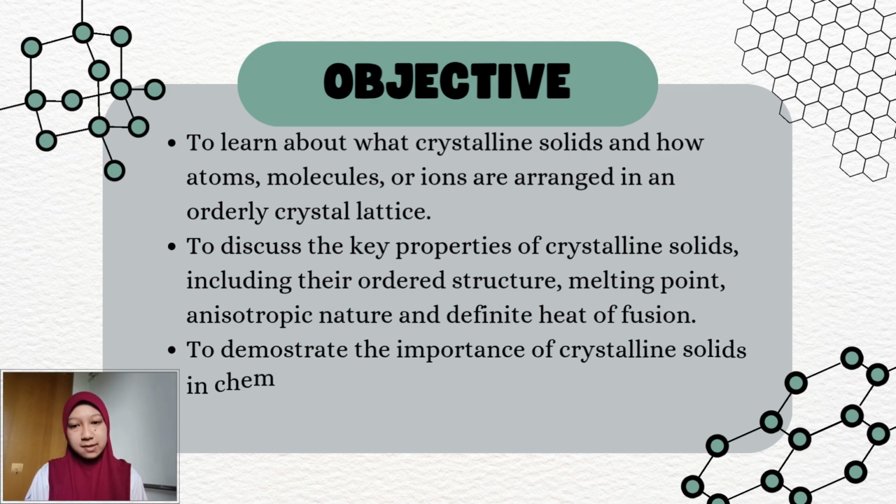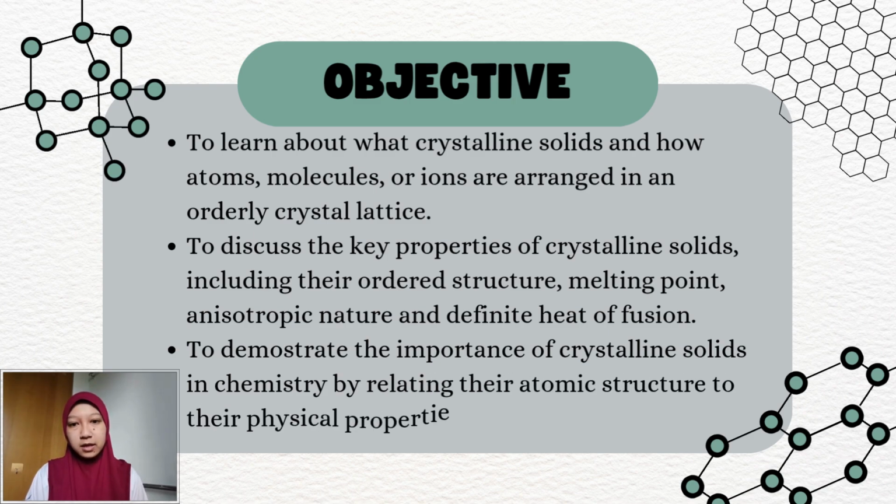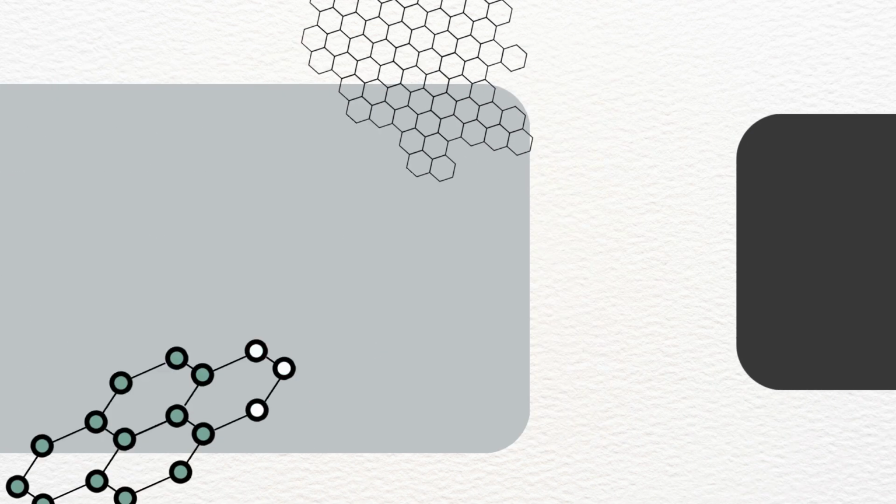Secondly, to discuss the key properties of crystalline solids, including their ordered structure, melting point, anisotropic nature, and definite heat of fusion. Lastly, to demonstrate the importance of crystalline solids in chemistry by relating their atomic structure to their physical properties and real-life applications.